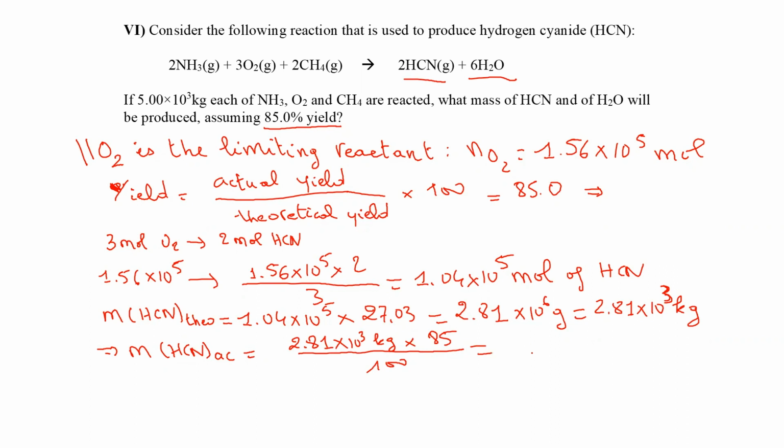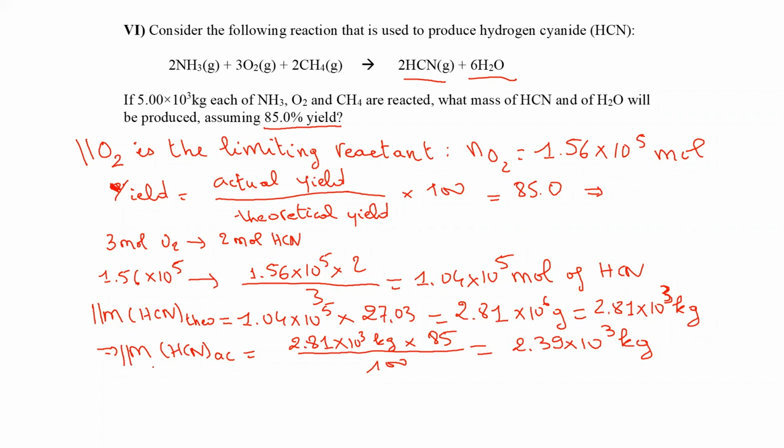And the actual yield will be equal to 2.39 × 10^3 kilograms. Okay, so this is the theoretical mass of HCN, and this is the actual yield of hydrogen cyanide.